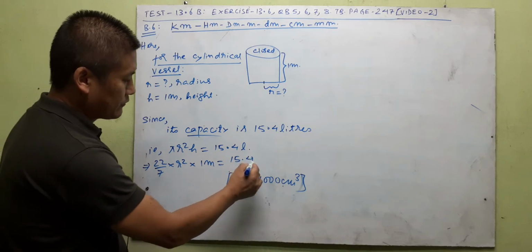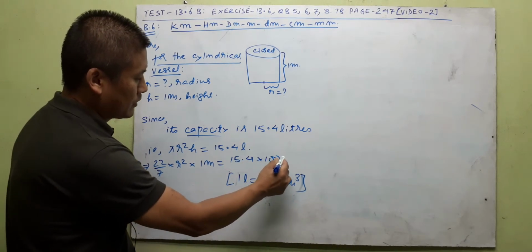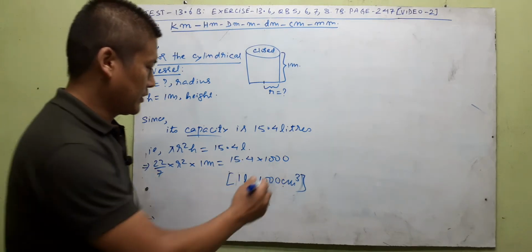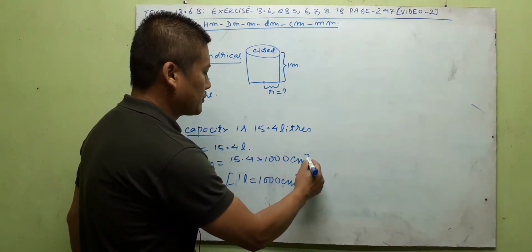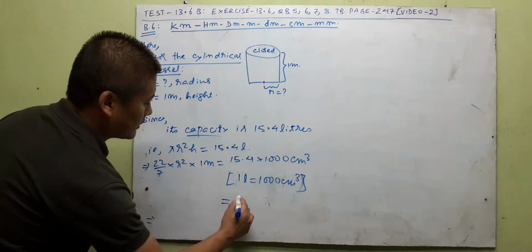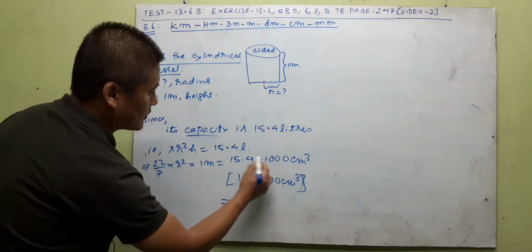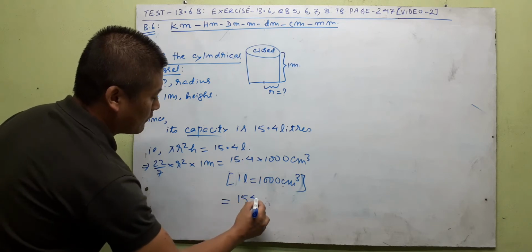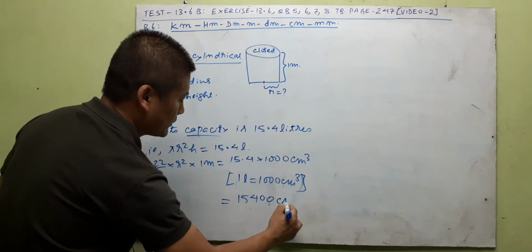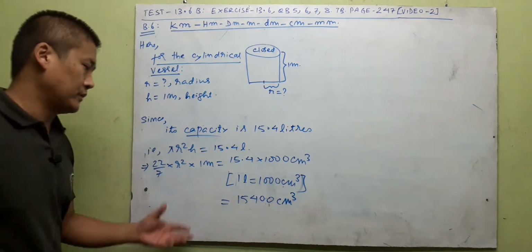So 15.4 will be multiplied, because when you're changing bigger liter to smaller centimeter cube, we multiply. Smaller to bigger is divide. So if you do that, you're going to get 1, 5, 4, and 3 zeros means the decimal will move 3 places to the right. This much, centimeter cube.